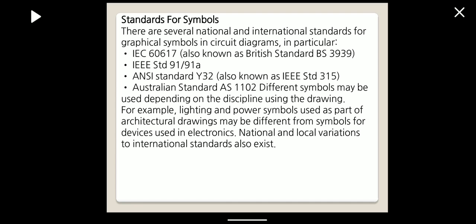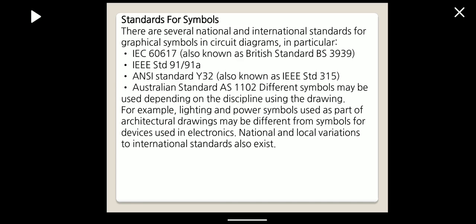Then next is standards for symbols. So what are the standards for the symbols we should take? There are several national and international standards for the graphical symbols in the electrical diagram.